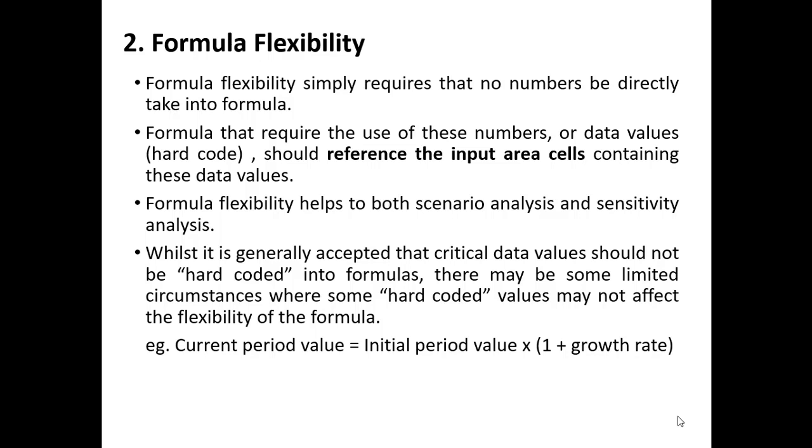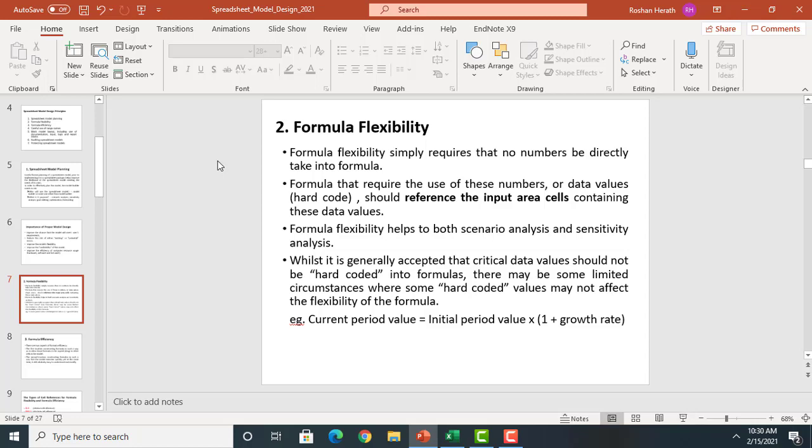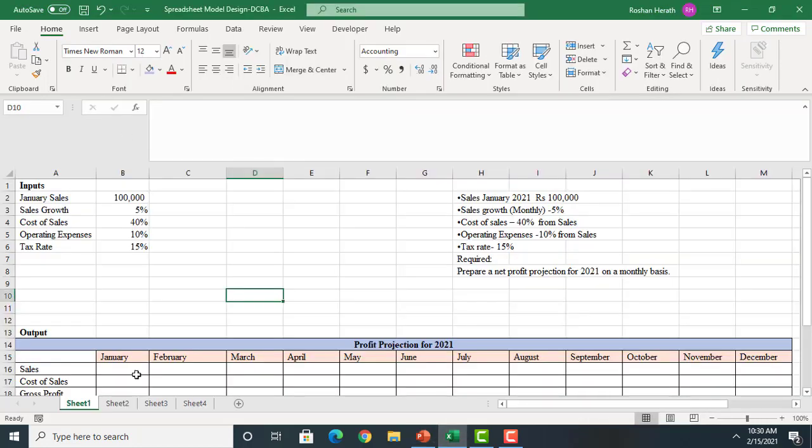So instead of entering the things in the output area manually, which we call hard coding, typing something in the output area is what we call hard coding. Normally we do not hard code. Instead of doing hard coding, what you are supposed to do is make a reference. And in fact, that's what we did. We made a reference to the input, right?